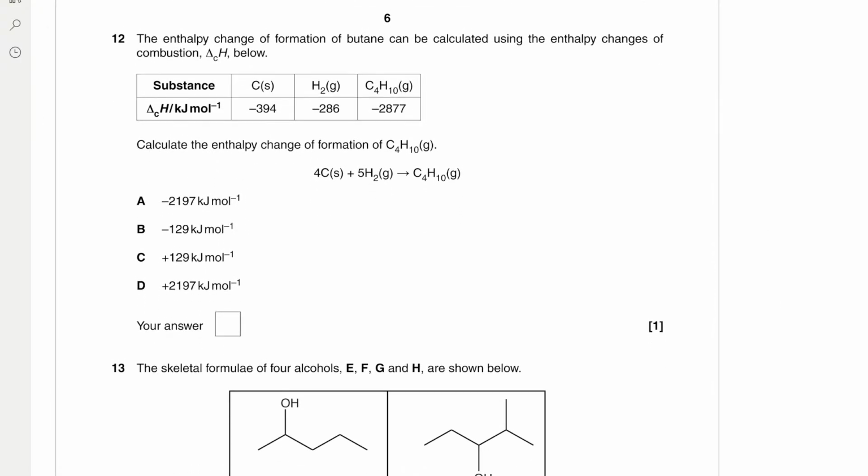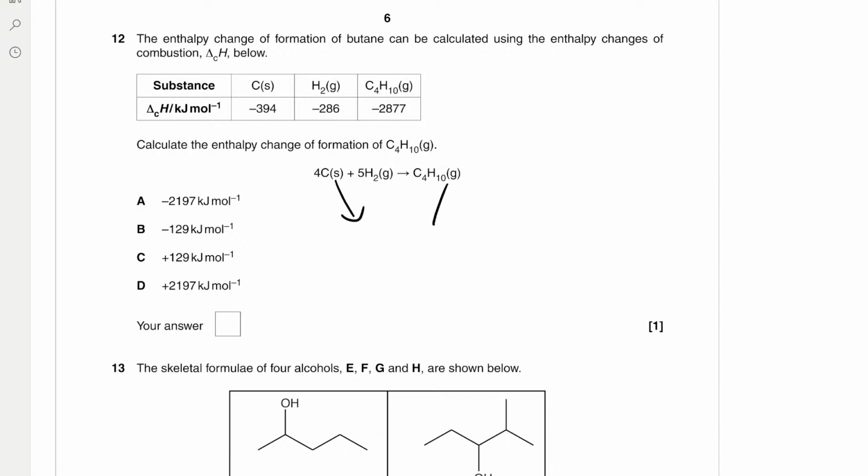Question 12. The enthalpy change of formation of butane can be calculated using the enthalpy changes of combustion, delta CH, shown below. So we're given the enthalpy changes of combustion, and they're asking us to calculate the enthalpy change of formation of C4H10. So we want to draw a Hess cycle using the combustion values.